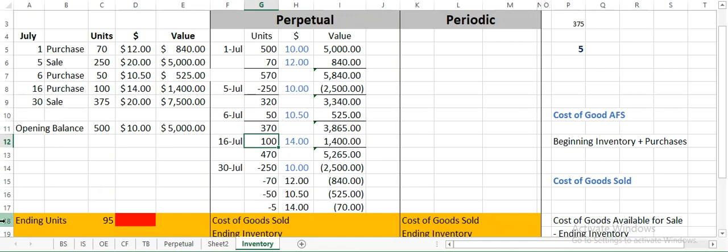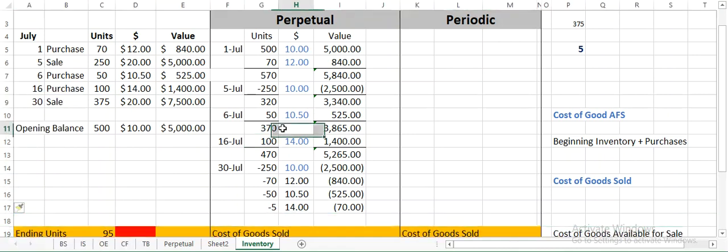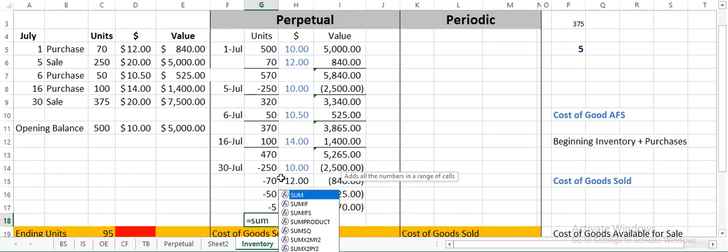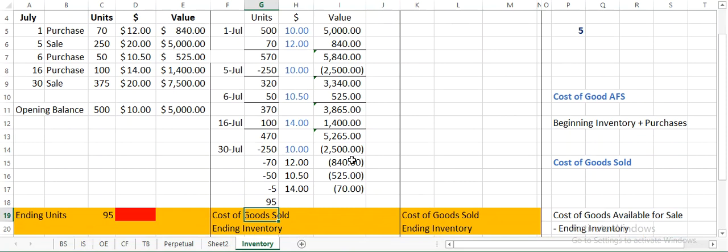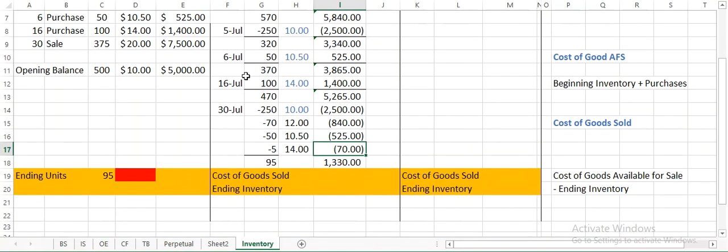Whew, it's a lot of stuff. But let's calculate our balance and see. Let's sum everything up. 95, perfect. And then let's sum this up here, and the sum of this is $1,330.